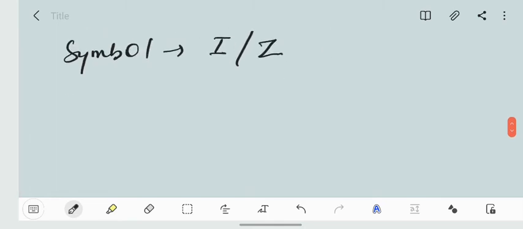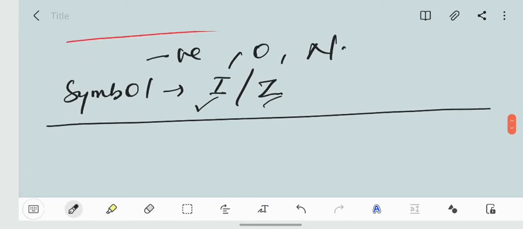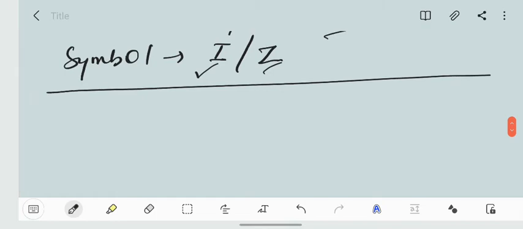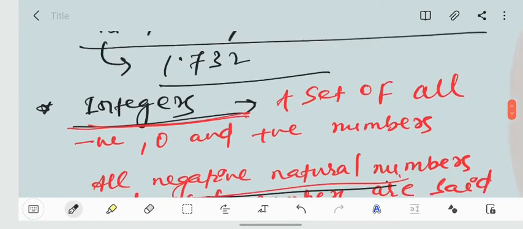So whenever you see in the question I or Z, just understand that it is an integer, okay? Or R as a real number, capital N as natural number, okay? So we have understood what integers is all about.